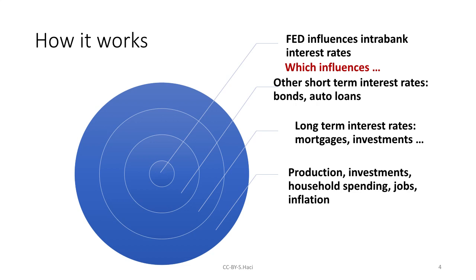Bonds here are investment items that are like an IOU. And that in turn influences the longer term interest rates, such as your mortgages and longer investment projects. And it influences production of goods and services in the economy, investment, household spending, jobs, and inflation.